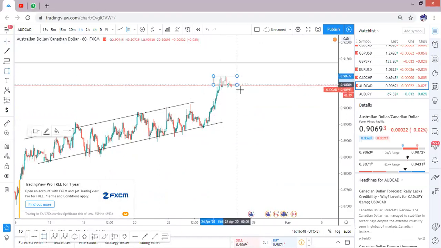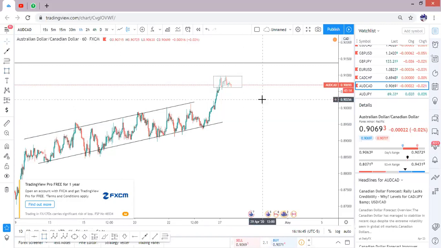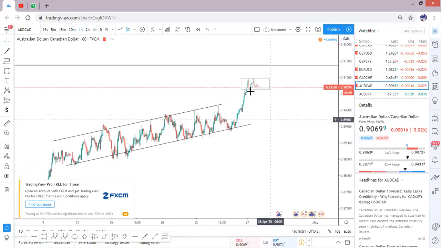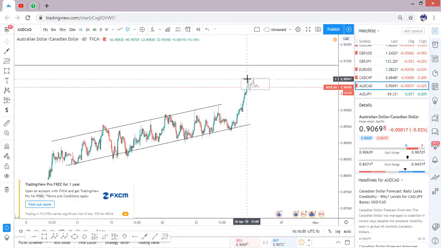Both the seller and the buyer, they are struggling to take control of the market. So as you can see now, you have to just wait for price action, like I said earlier, for price action to happen. You can either have a break out of here to the upside or to the downside.